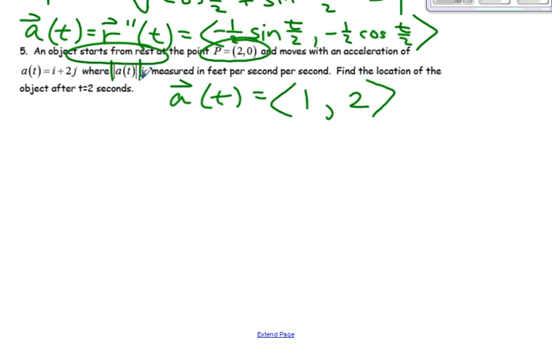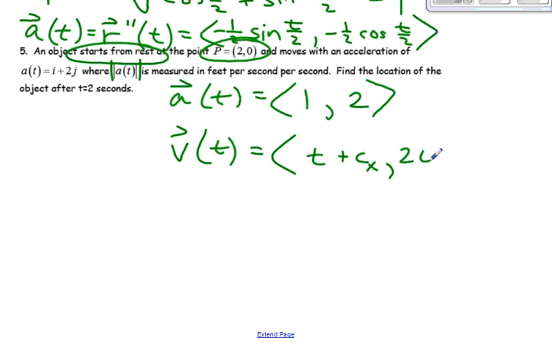Okay, we've done this before, just not in vector form. So if I want to find position given acceleration, I take integrals. So the integral of the acceleration vector would be the velocity vector. And so again, you just simply take the integral of 1 with respect to t, so that's t. And actually, remember when you take an integral, you do have that plus c value, and I'm going to call that c in the x direction.